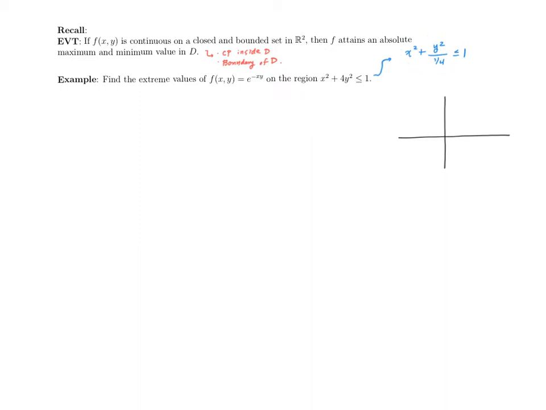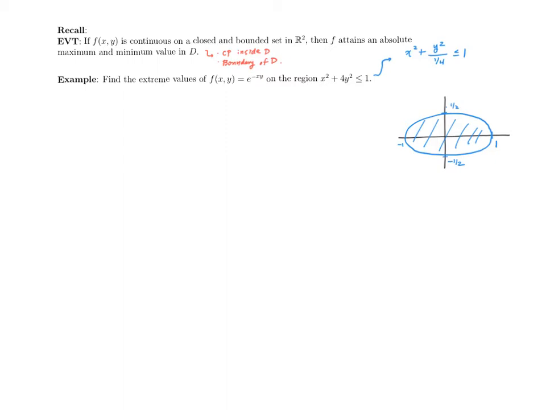This ellipse is a bit wider than it is tall. It intersects the horizontal axis at plus and minus 1 and the vertical axis at plus or minus 1/2. And the inequality describes the region enclosed by that boundary ellipse.